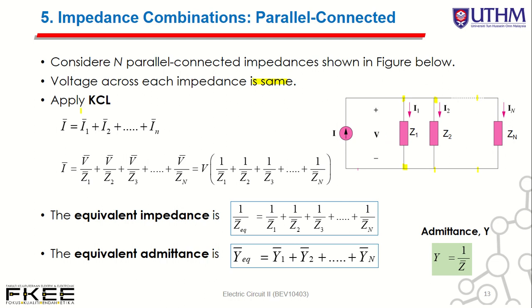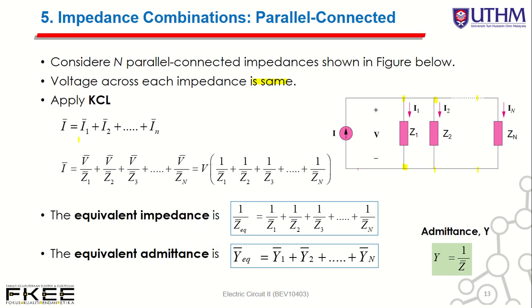Because by applying KCL, Kirchhoff current law, current entering equals current leaving, or the summation of current entering and leaving equals 0. In this case, the current entering the node is I. I equals the current leaving, I1 plus I2 plus I3 until In.